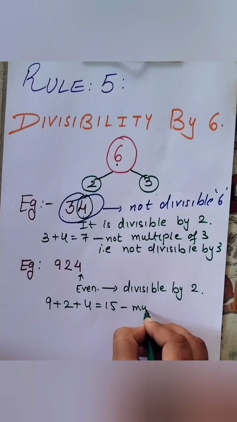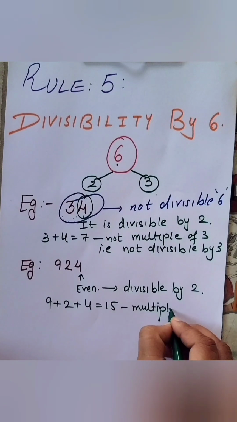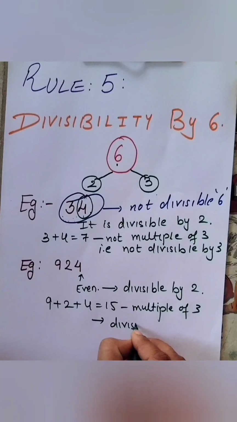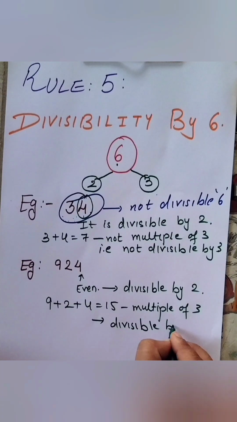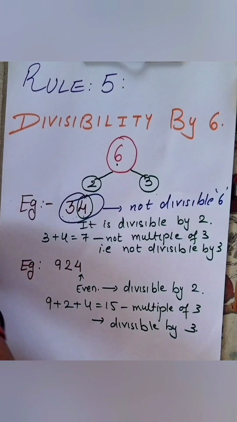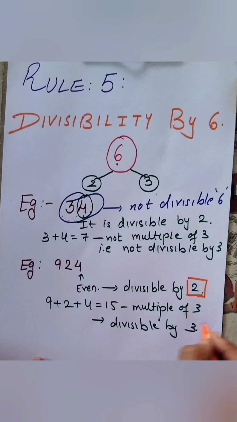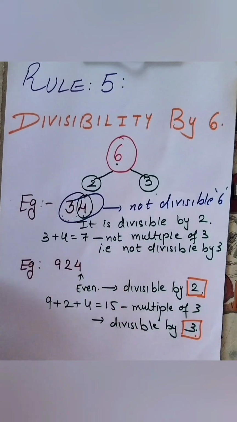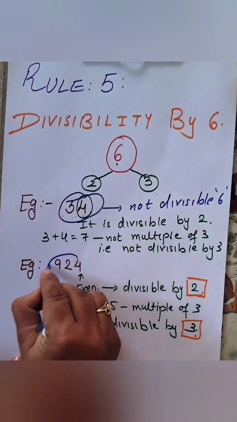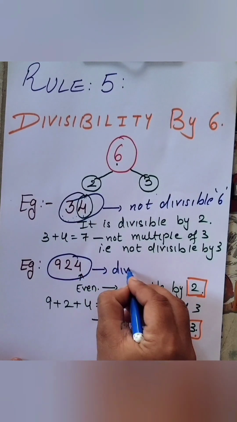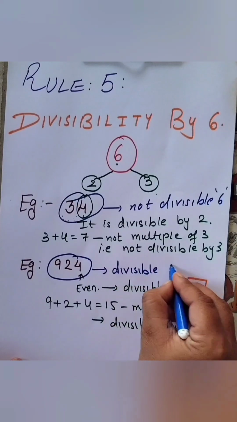Definitely it is a multiple of 3, which implies it is divisible by 3. As you can see, it is divisible by 2 and 3 both, which implies this whole number, that is 924, is divisible by 6.